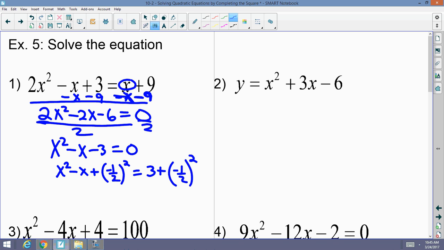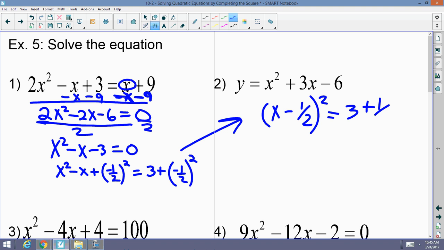So now, this becomes x minus 1/2 squared equals 3 plus 1/4. That goes to 4. That goes to 12. So I have x minus 1/2 squared equals 13/4.